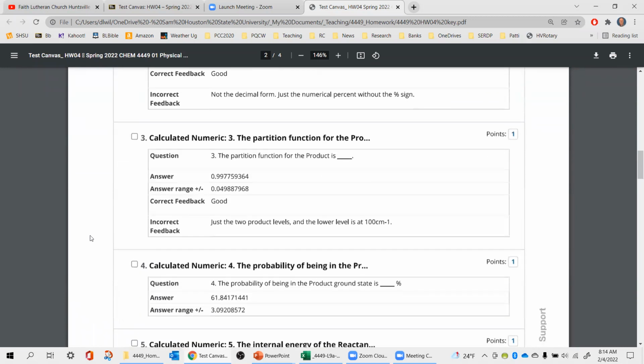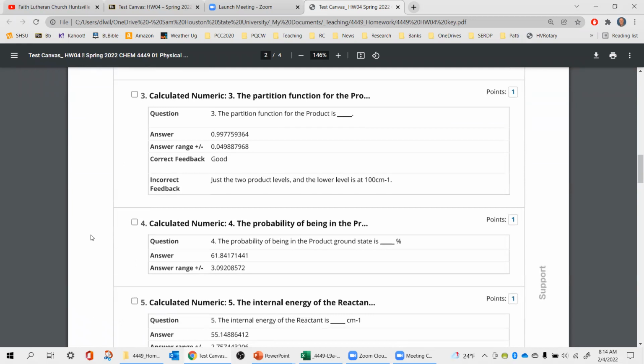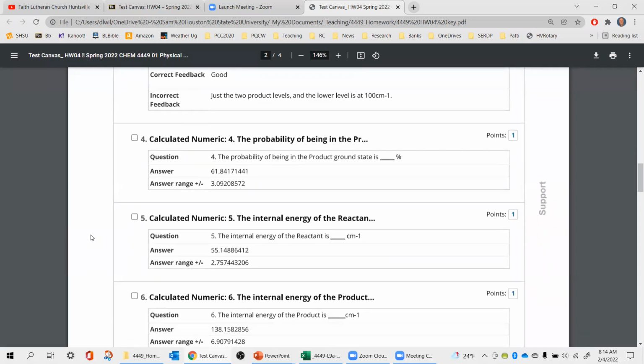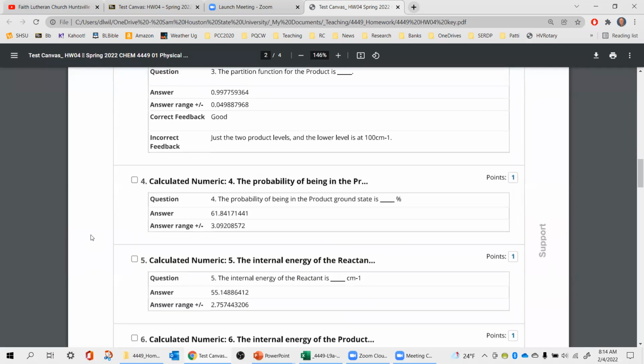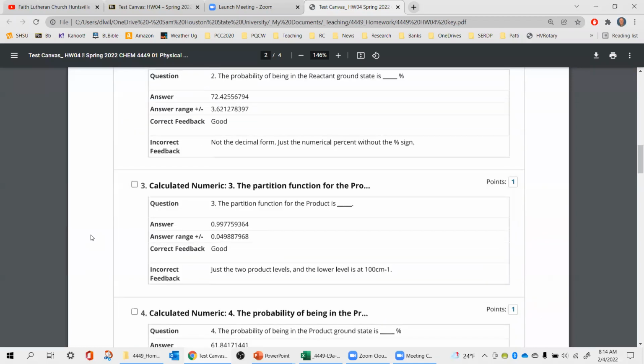I got 0.48 and 0.97 for my Q and probability, which would give me 48% and 97%. That doesn't work out because it's got to add up to 100, right?